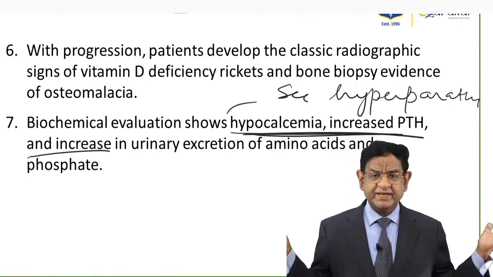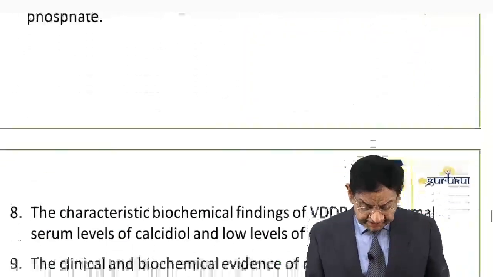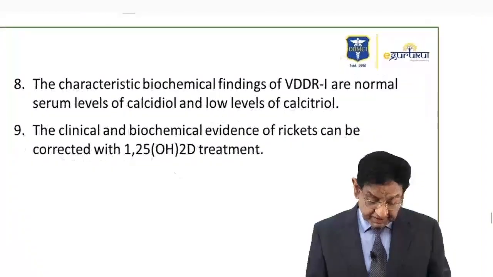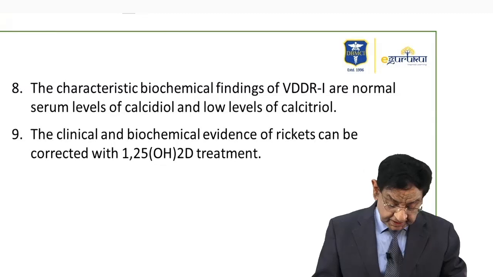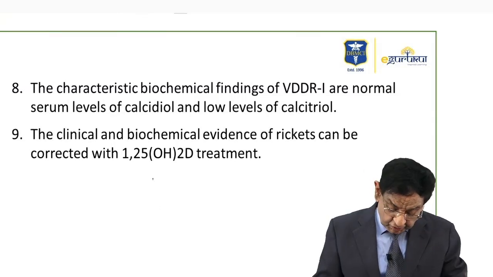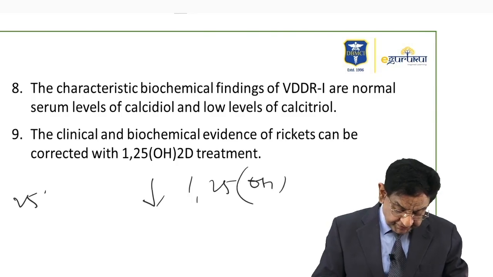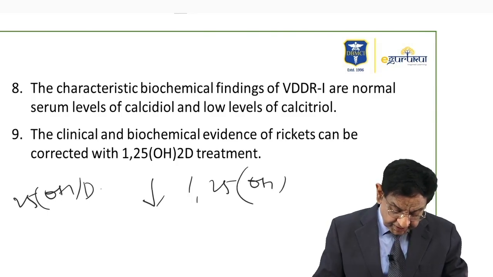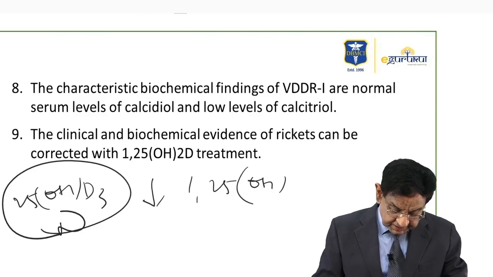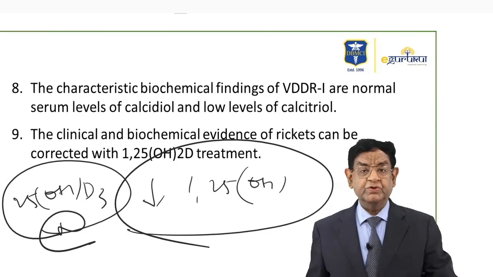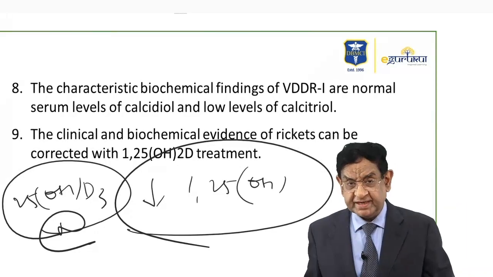So in a nutshell, we can say very comfortably, in these patients, the classical finding is a low level of 125 hydroxy level, but the 25 level will be normal. This will be normal, this will be deficient. So we can very well treat, we can give vitamin D and the patient will be all right.